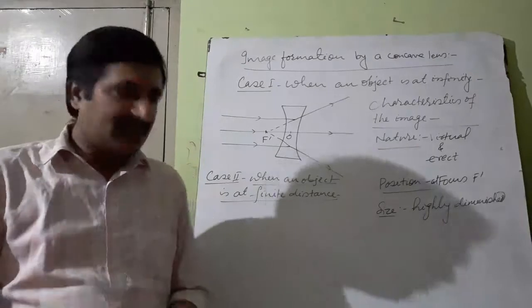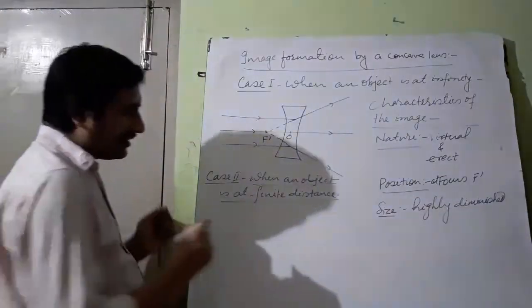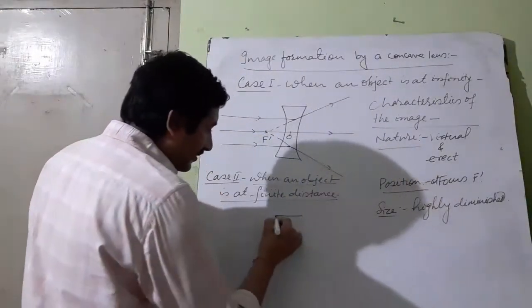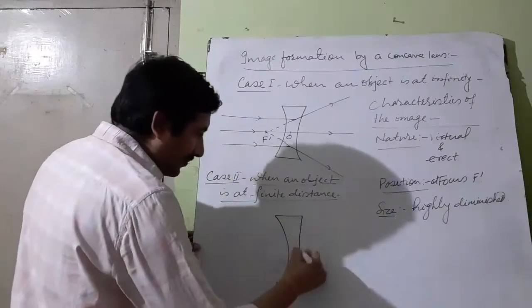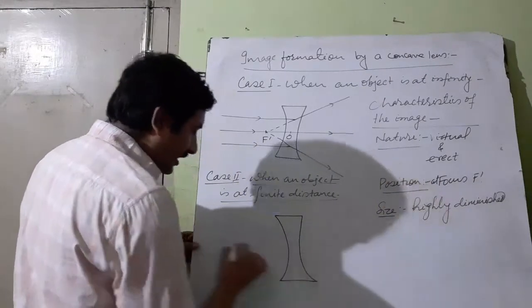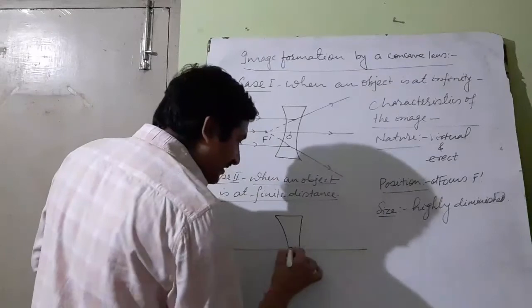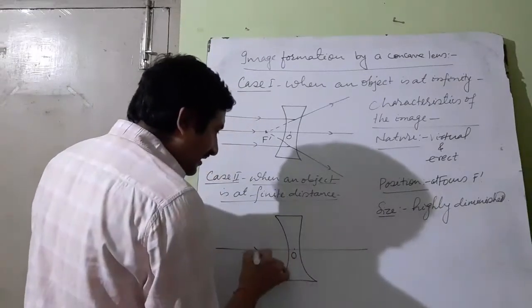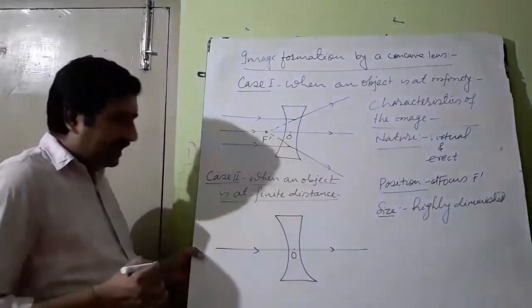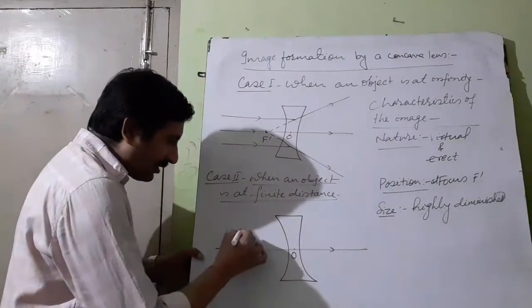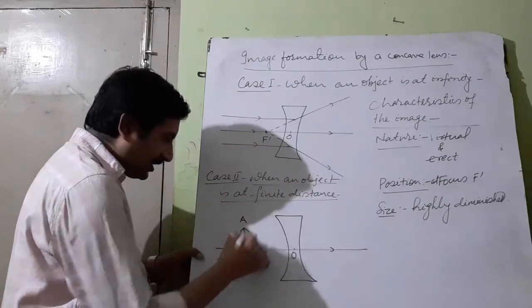So it is at finite distance. You have a concave lens. This is the principal axis passing through the optical center without any deviation, and an object is kept here, AB.